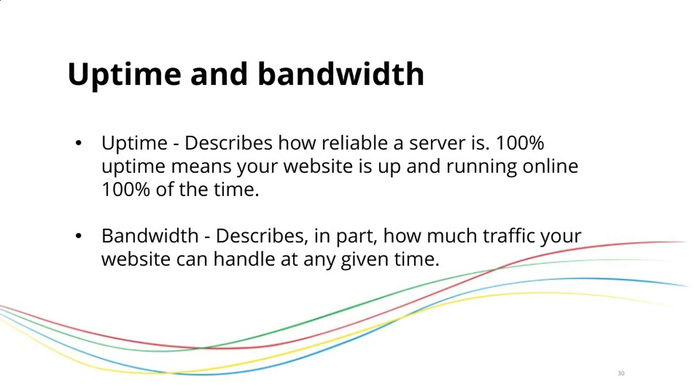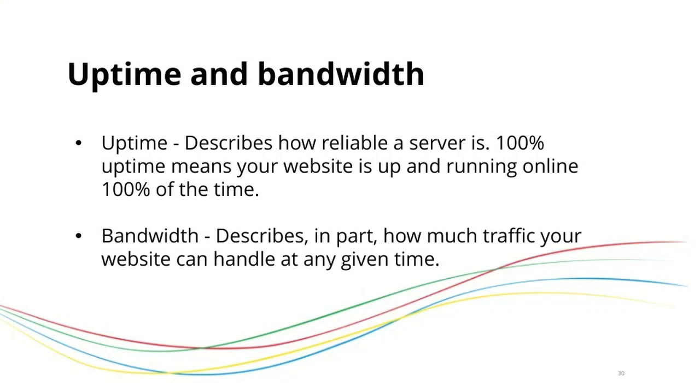Uptime describes how reliable a server is. So 100% uptime means your website is up and running online 100% of the time, which means your website has 0% downtime. So there's uptime and then there's downtime.